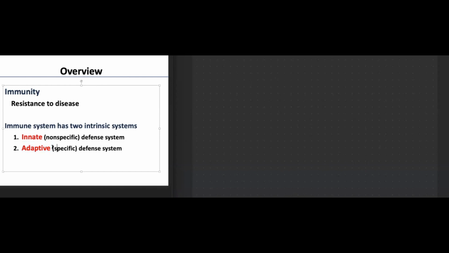Vaccines for Ebola, for example, or the vaccines that we're trying to get for the coronavirus. We're trying to get a specific immune response targeting one virus or one type of bacteria.